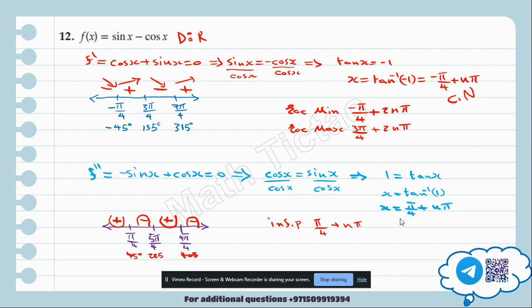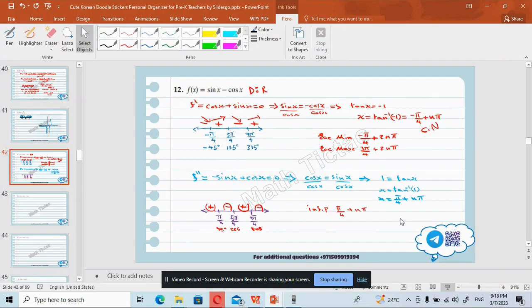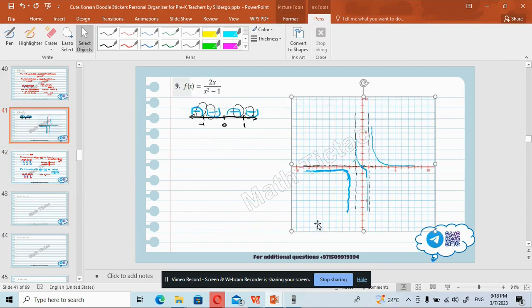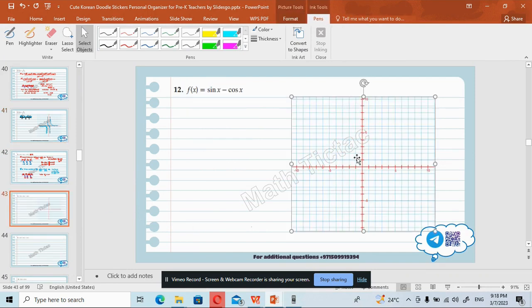As you like. So now we can start by finding the graph. Let's go ahead and find the graph for this function.